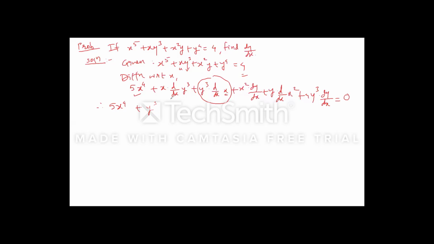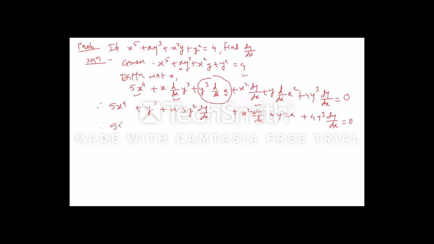Now all terms contain dy by dx. x into derivative of y cube, that is 3y square into dy by dx, plus x square into dy by dx, plus y into derivative of x square, which is 2x, plus 4y cube dy by dx equals 0.